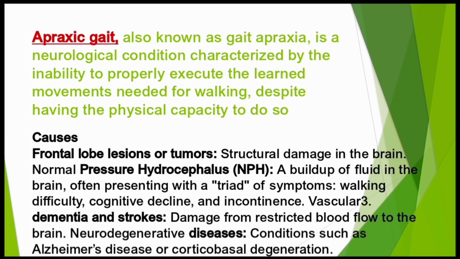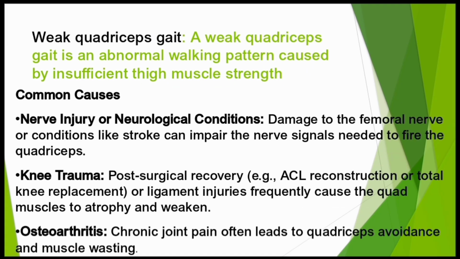Then neurodegenerative diseases, conditions like Alzheimer's disease or corticobasal degeneration. So apraxic gait is a type of neurological condition with the inability to properly execute the learned movements needed for walking. Next one, weak quadriceps gait.